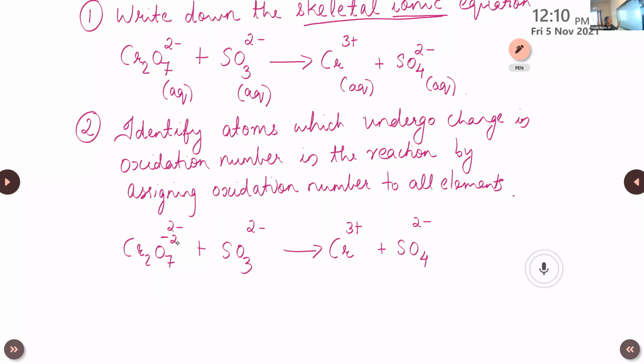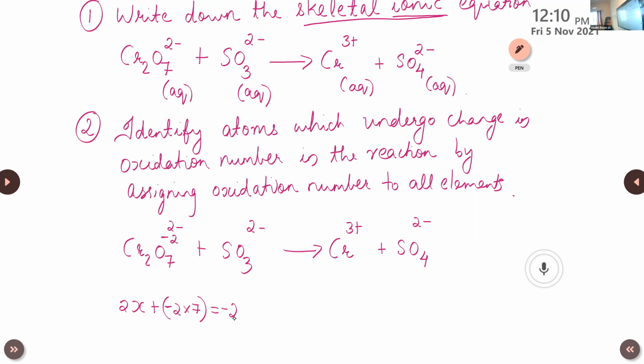Here it is 2 minus, so the total will be equal to -2. We take the oxidation number of chromium as X. There are 2 chromium atoms, so it is 2X, plus the oxidation number of oxygen -2 into 7 oxygen atoms, that will be equal to -2.